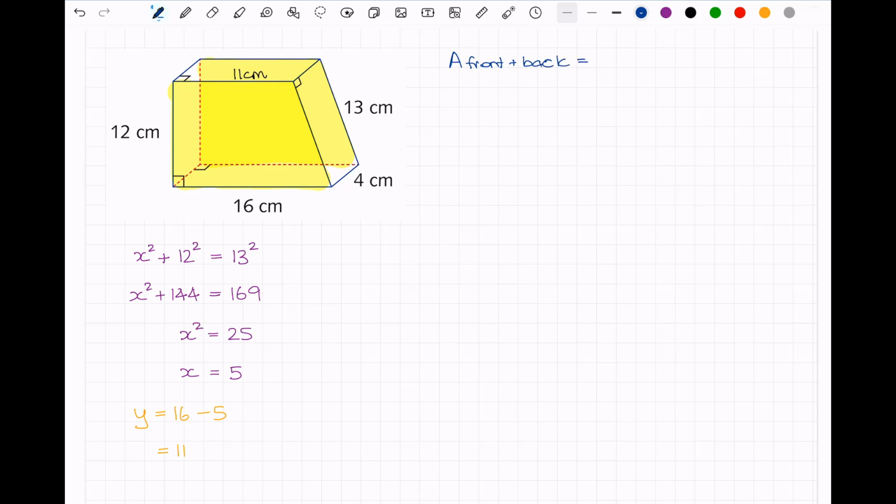So that's going to be equal to 2 times, and the area of the trapezium is the perpendicular height over 2 times the sum of the parallel sides. So that will be 12, the perpendicular height, divided by 2 times the sum of the parallel sides. We now know they are 11 and 16.